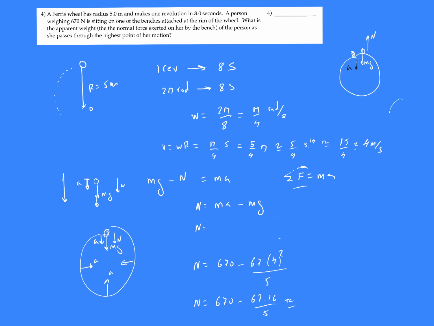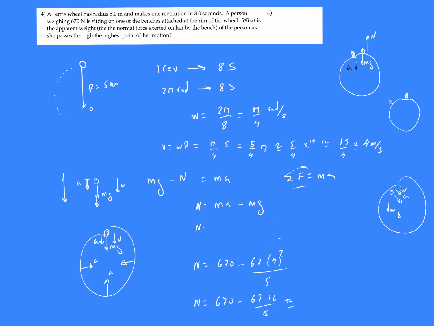So this is the wheel, and the person is outside, okay? Because if the person were inside, the total force would go in this direction because the acceleration is going in this direction. I'm supposing that the guy is here at the top, outside the wheel.